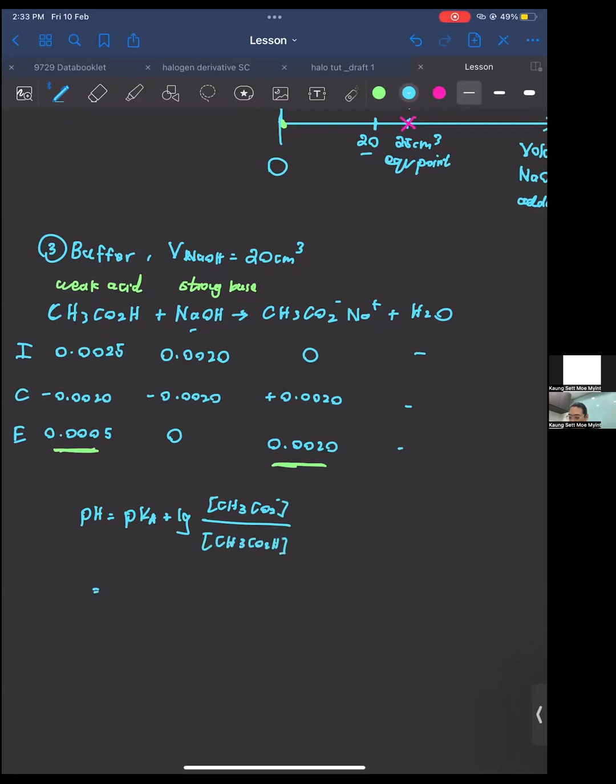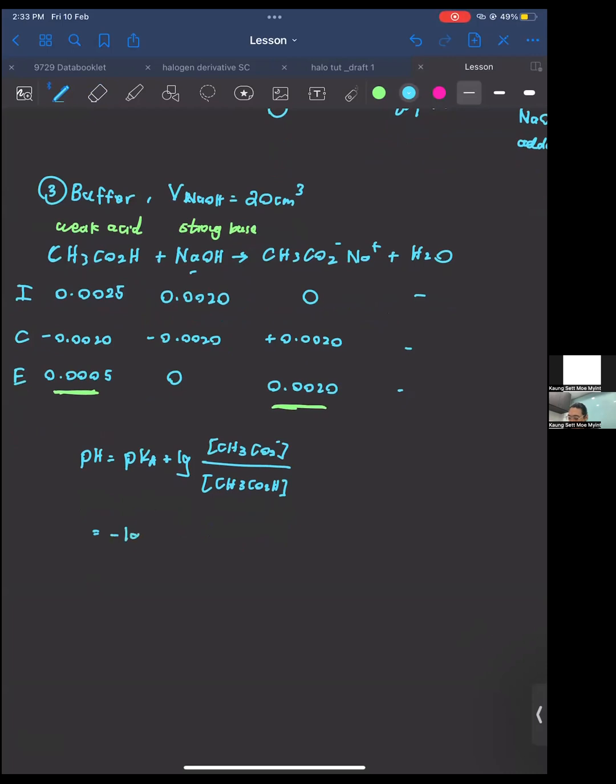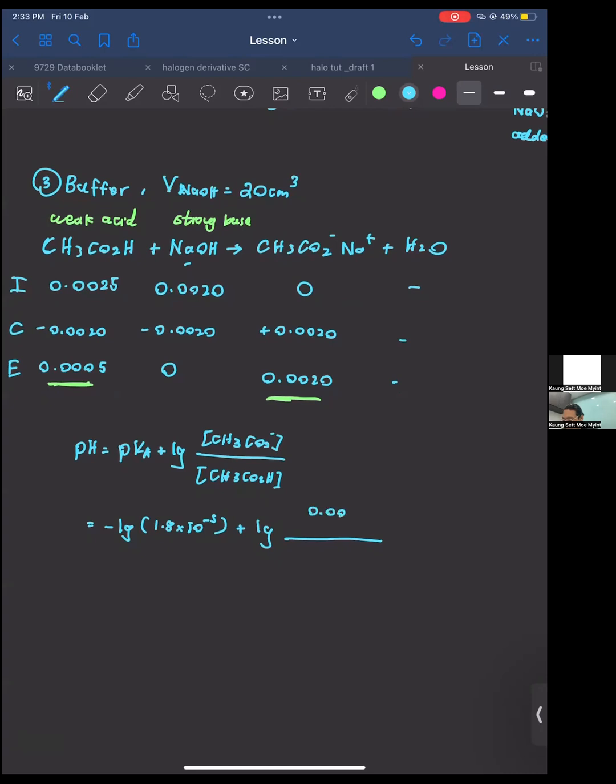All you need to do is to put in the different variables. pKa is negative log of the Ka value. Ka value is given, right? Plus log base concentration, which is 0.0020 divided by the total volume. In this case, the total volume is 25 plus 20. Then 0.0005, which is the moles of our acid, divided by the total volume.